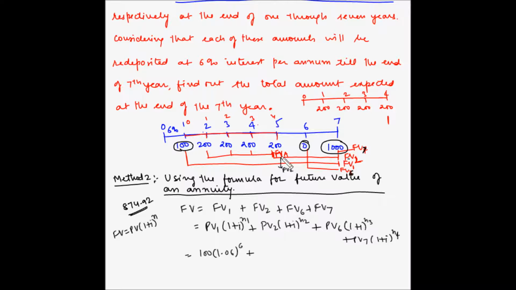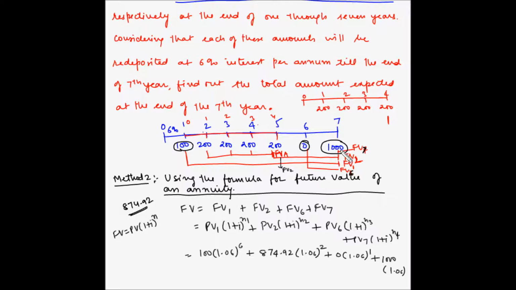PV2 is FVA, which is 874.92, into bracket 1.06, and n2, now this amount FVA is going to be compounded for 1 and 2, so 2 years. PV6 is 0 into 1.06, and this is going to be compounded for 1 year, plus PV7 is 1000 into bracket 1.06 to the power n4.